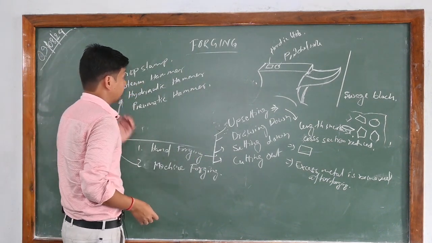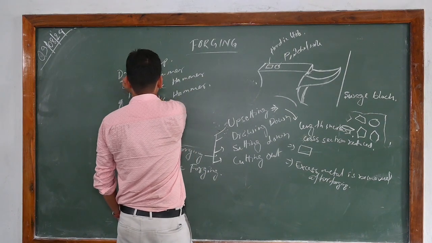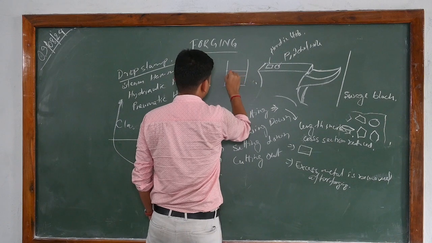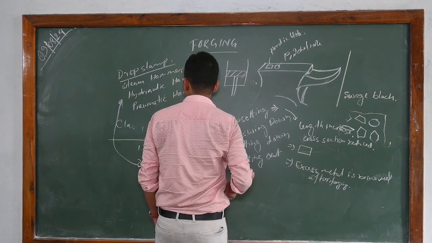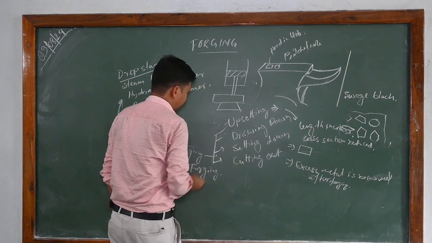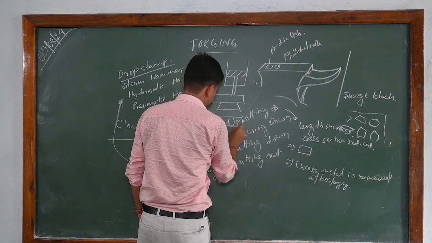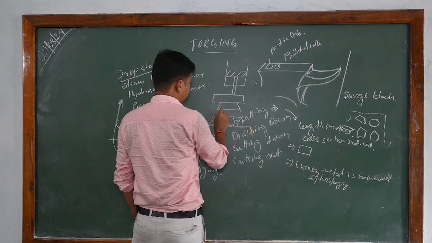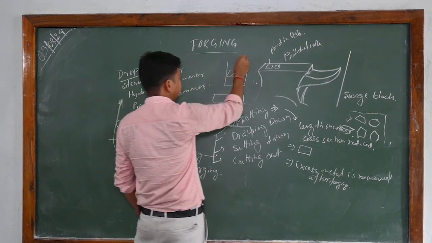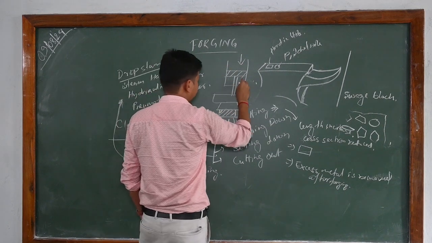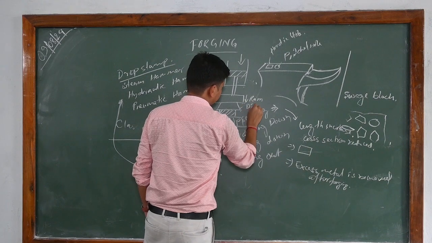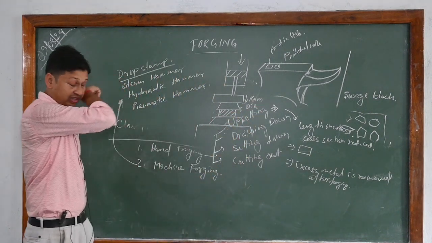In drop stamp, we can see a piston cylinder which is linked with the ram and the upper die, and the lower die is related with the anvil, and the object is placed between two dies. When we start forging, we press the piston and the ram comes down and presses the object and shapes the metal.